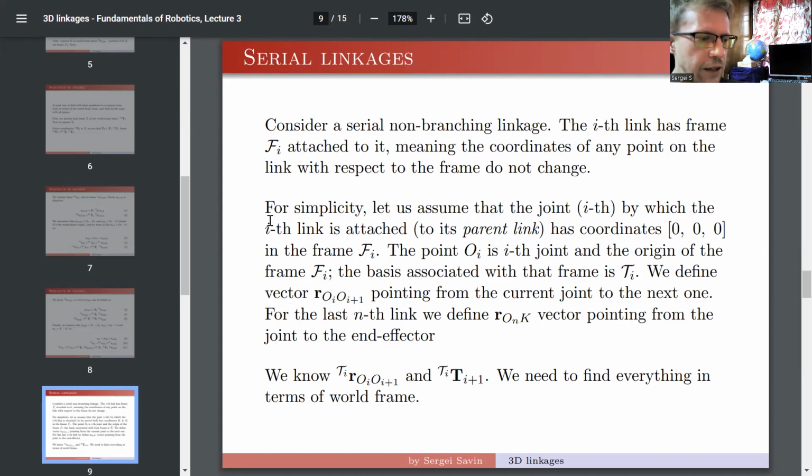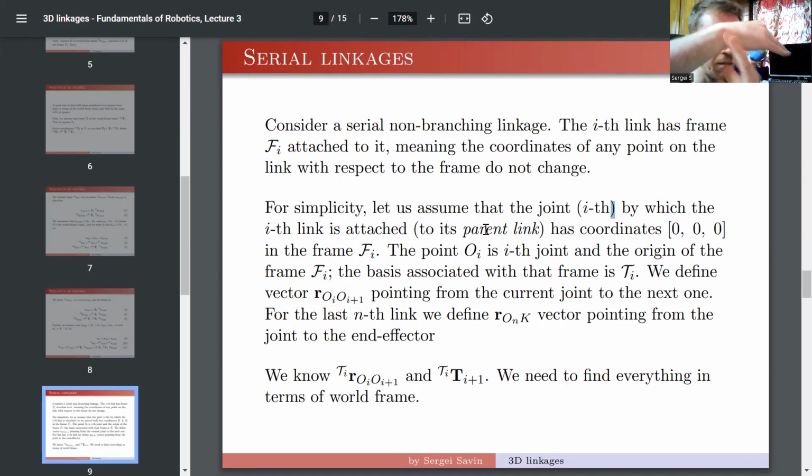Okay. So for simplicity, let us assume the ith joint, by which the link is attached to the parent. Let me explain again. Imagine that this is a link, and this is a previous link, and this is a joint. So this will be the parent link, this will be the child link.